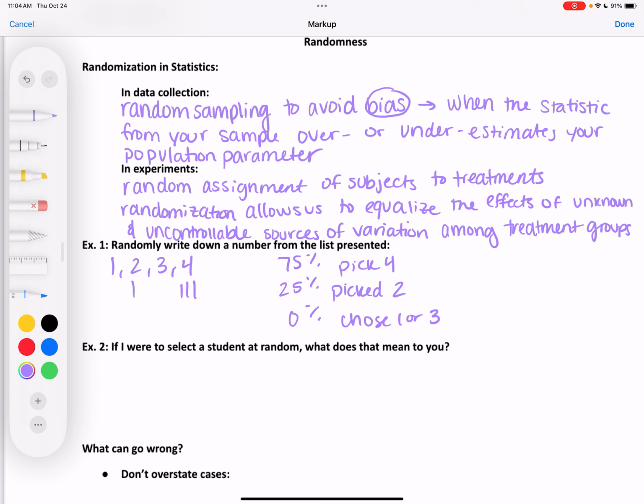Okay, so, if I were to select a student at random, what does that mean to you?